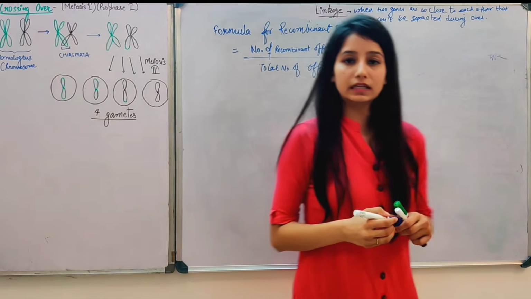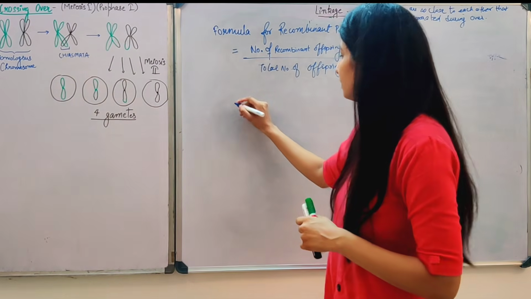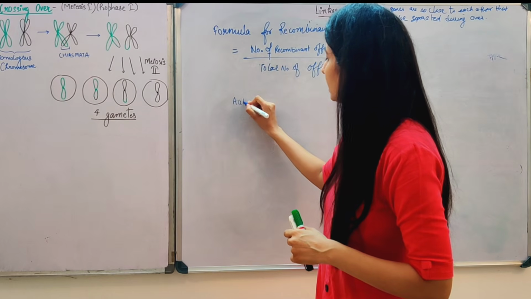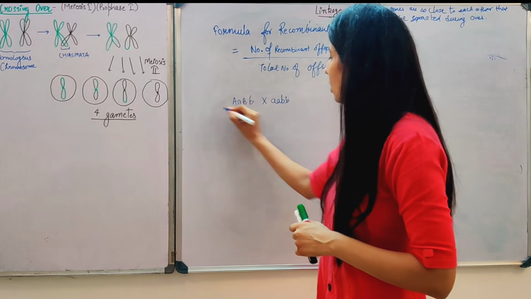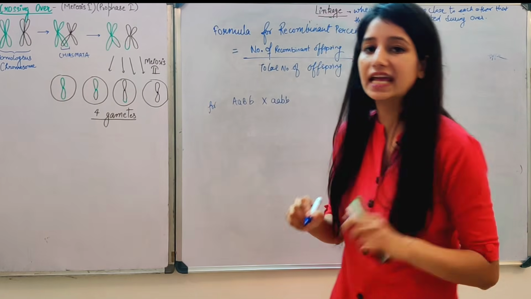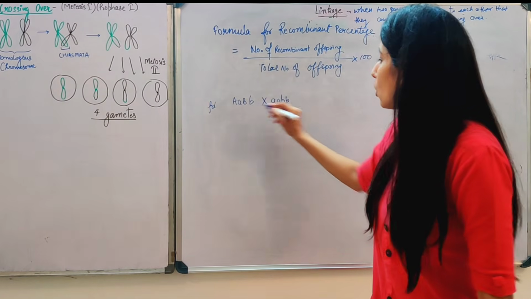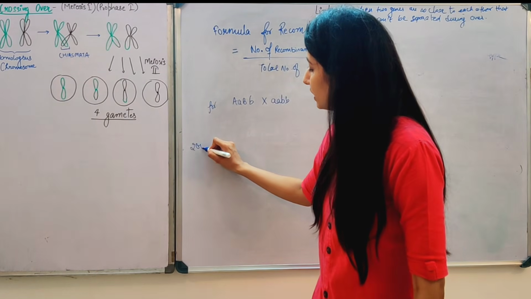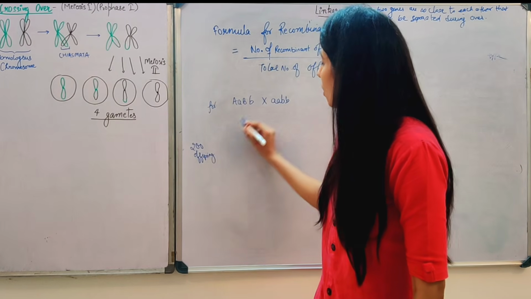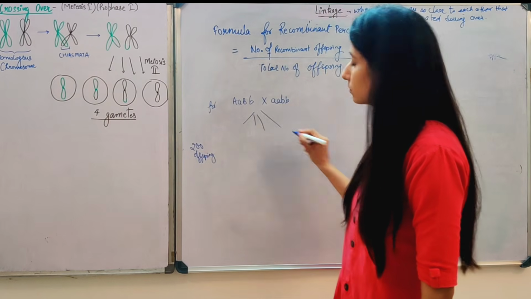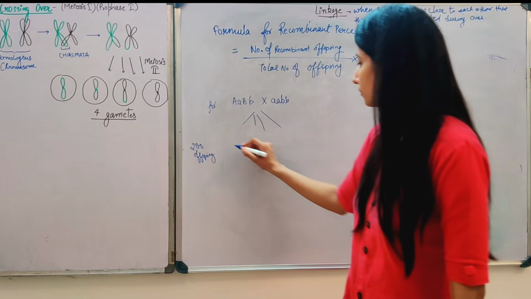Let's see it more clearly. For example, if we have crossed two parents, one is like this and one is like this, and a total of 200 offspring have been formed. From this, four types of offspring were formed.